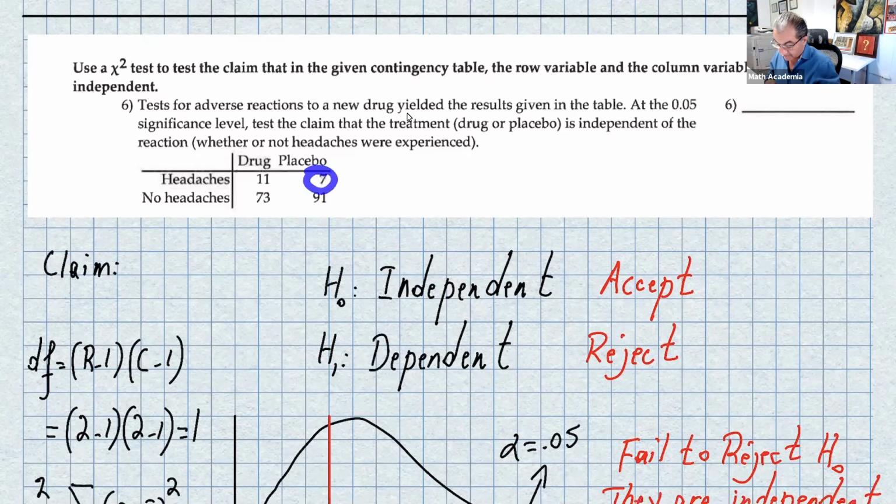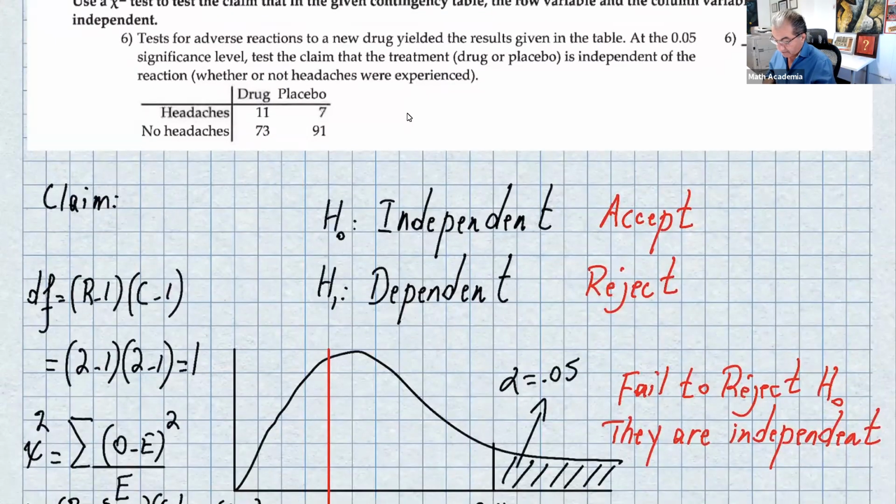Headache is 7 and no headache is 91. So basically we want to know if the drug and the headache are dependent or independent.